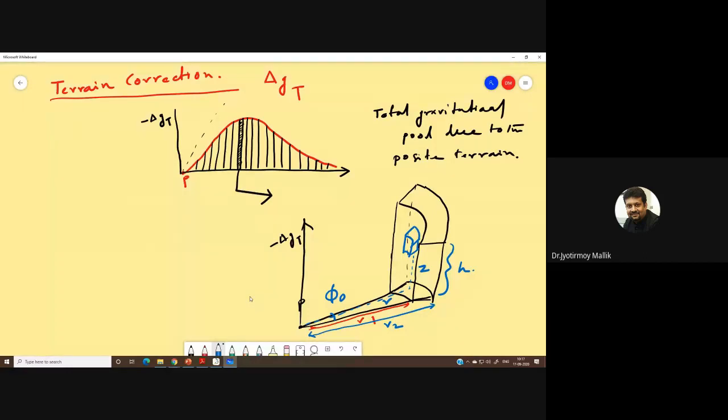Okay? And then we join this point with the middle of the cylinder. Okay? And let us say from the vertical axis, you can understand that this plane is a vertical plane, right? So this is a vertical angle. Let us say that is theta.